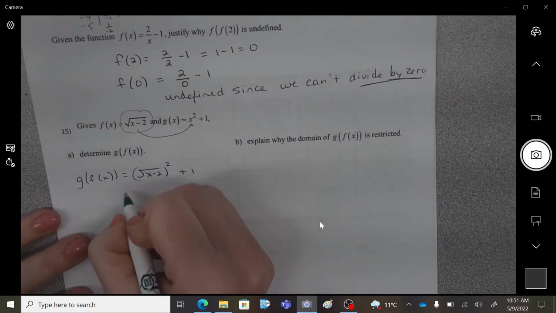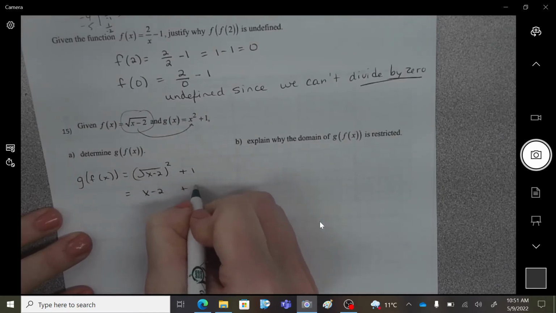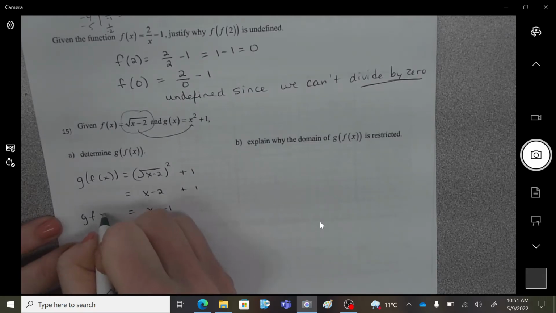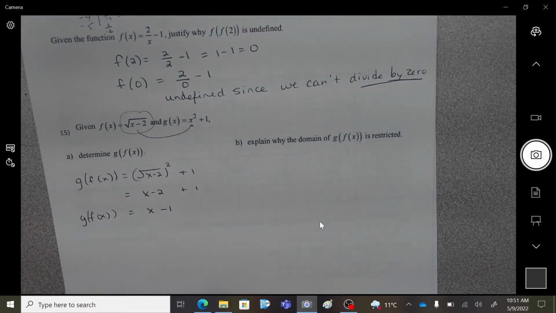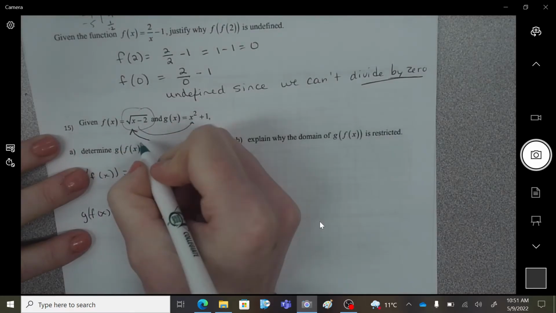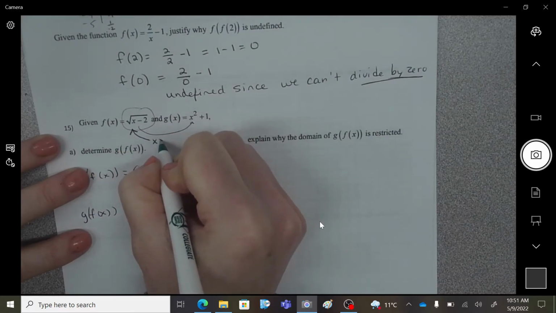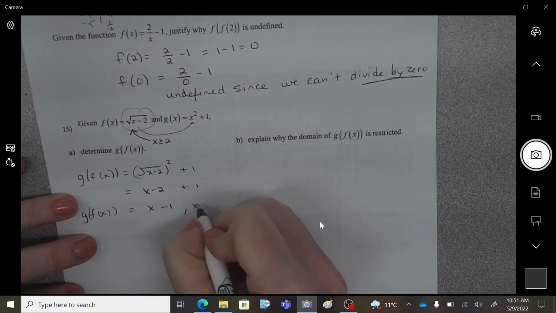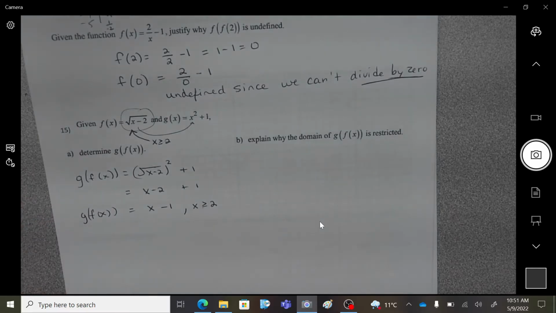So when I square this, it would cancel. So the function is x minus 1, but we need to talk about the domain here. So x has to be bigger or equal to 2 on that function. So we also have to include that on our composite.